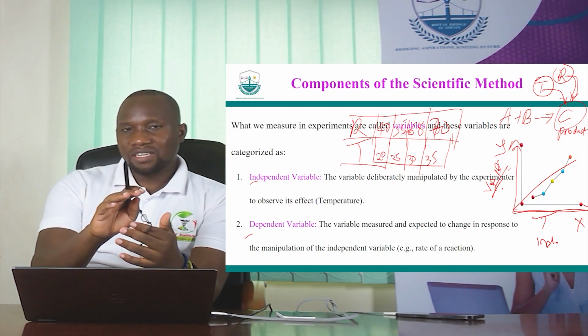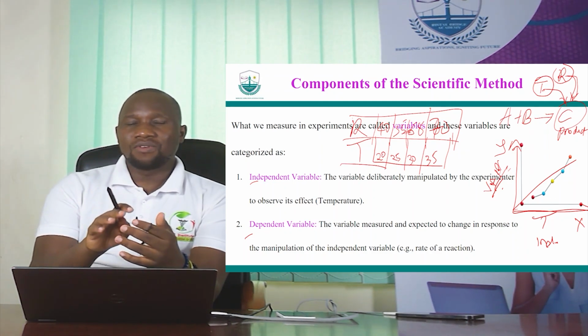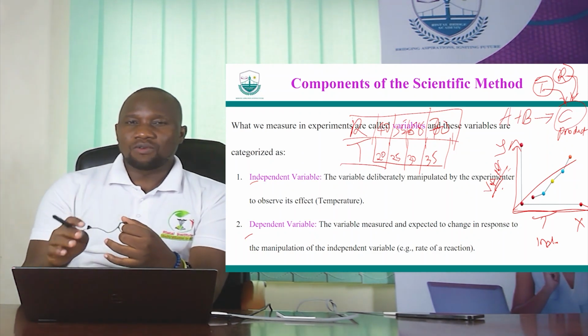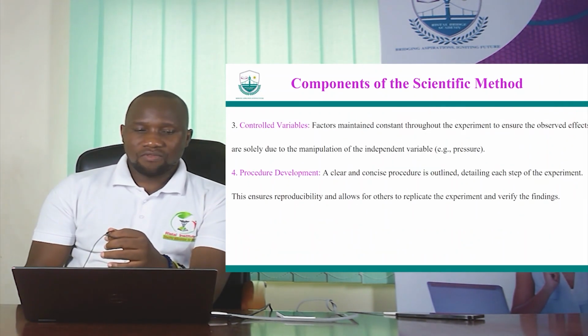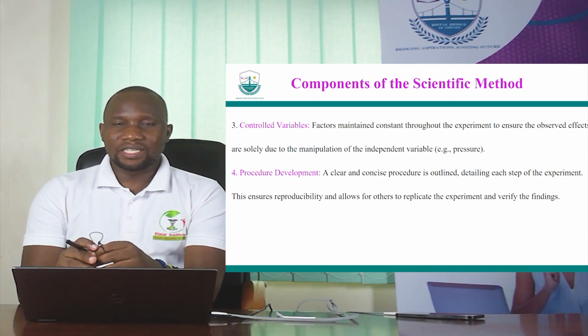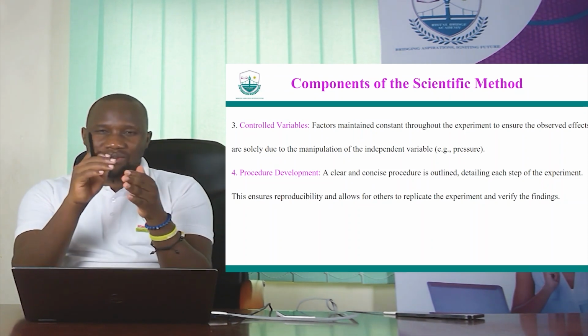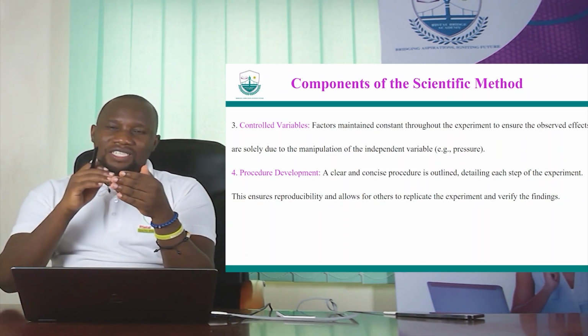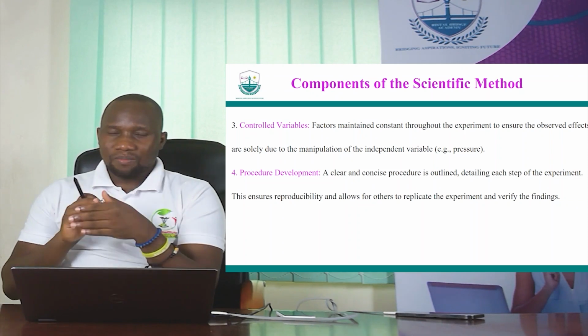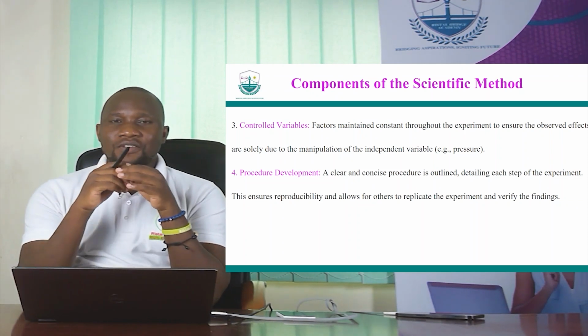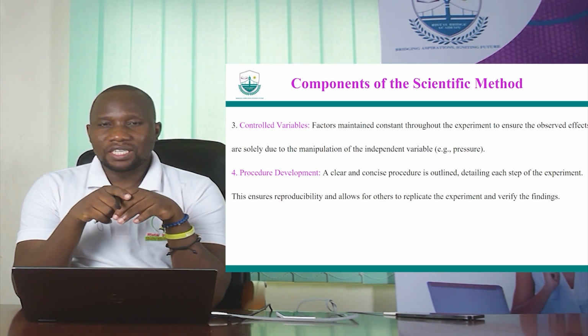So you have the independent variable, the dependent variable, and the control variable. With step 4, what we are interested in is that you say, okay, this is how the whole thing is going to flow. You write the steps, each step of the experiment. Why do you write the details of each step?